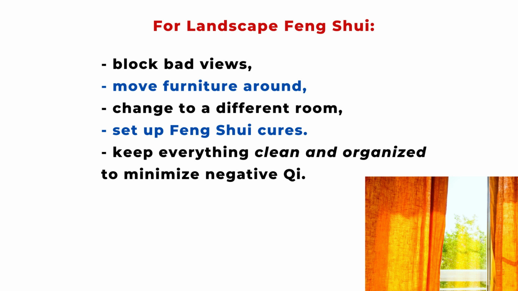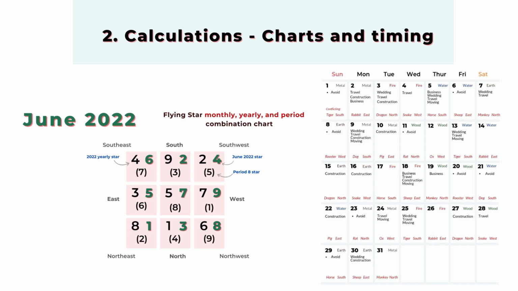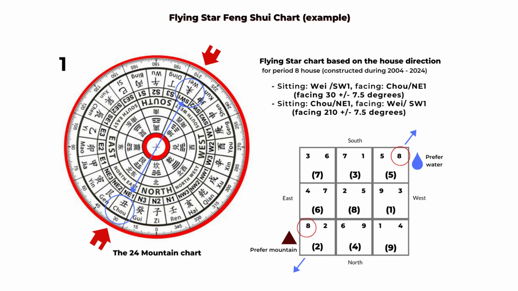So that's the landscape part of the Feng Shui. The second part is about the charts and the change of time. In general, this is called the calculation part of the Feng Shui. Based on the direction of the house and different timing, we can come up with different Feng Shui charts. The popular ones include the flying star chart, the monthly, yearly, and the period chart, and also the charts based on the house directions.